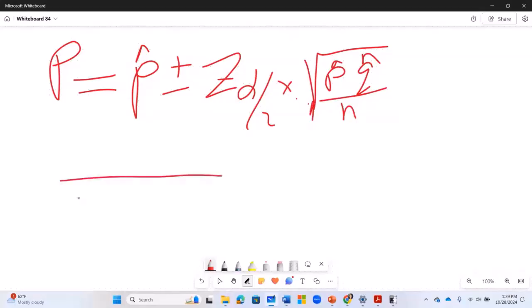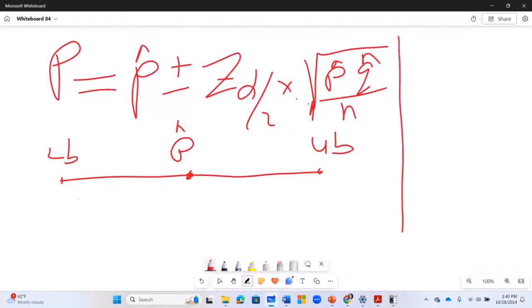The first thing I want to do is draw a number line so that I can show this is the lower bound and this is the upper bound. The midpoint of the number line is the p hat, the sample proportion. So I can go to test and 1-PropZInt. What are the numbers that I'm given in that question?